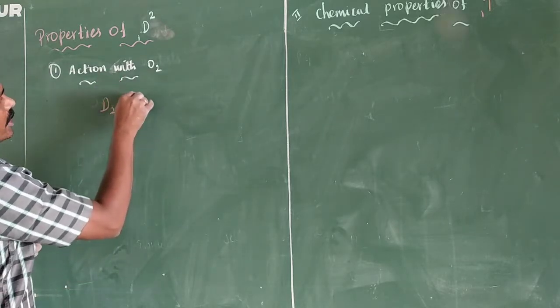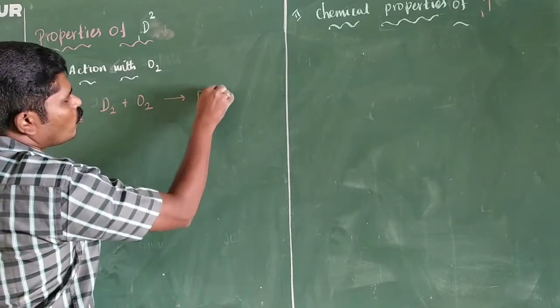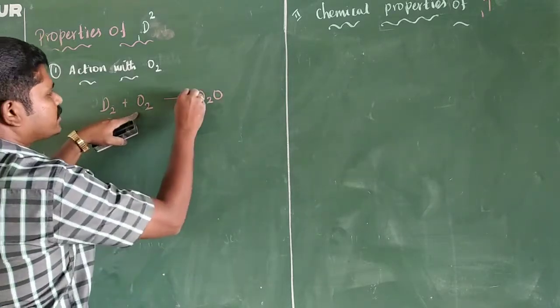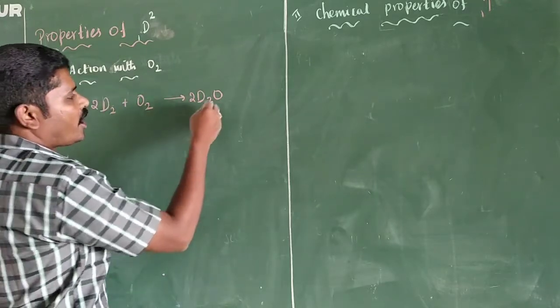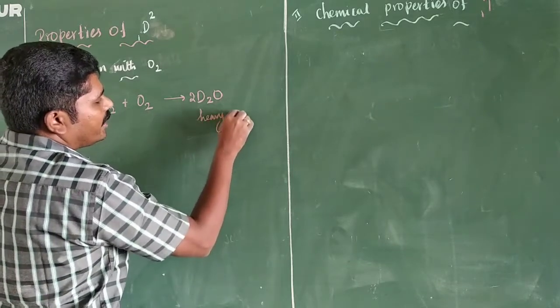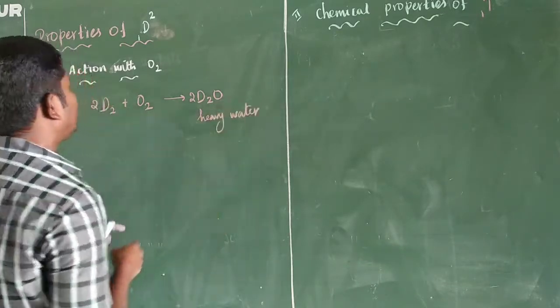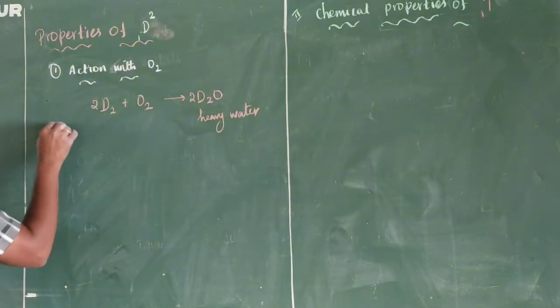D2 reacts with oxygen to give D2O, balanced as 2 and 2. The second one is the reaction with the halogens.